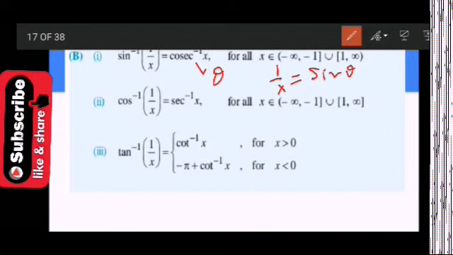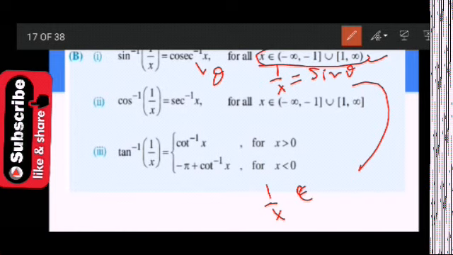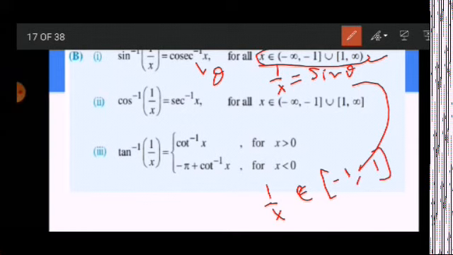Mind this point: if x belongs to minus infinity to minus 1 union 1 to infinity, then 1 by x, being a reciprocal, lies where x does not lie. So 1 by x lies between minus 1 to plus 1, closed interval, and as infinity is discarded, the difference is 0. 0 is under curly brackets, meaning 0 is the distinct point which we have to discard.